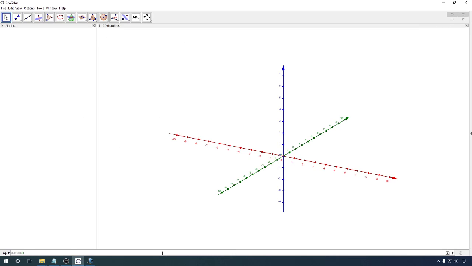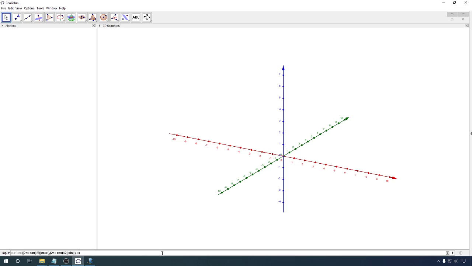Alright, so we're looking at the surface. The x component is 2 plus s cosine of t over 2 times cosine of t. y is the same kind of thing, 2 plus s cosine of t over 2 times sine of t.